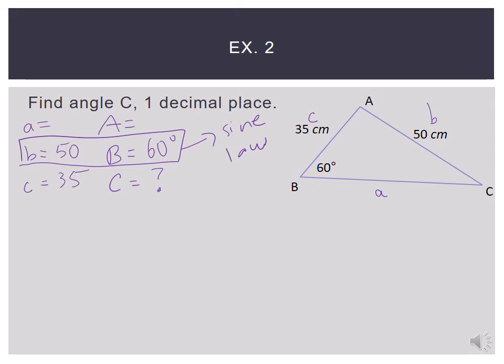Since you are looking for an angle, we are going to use the Sine Law that is for angles. So sine C over little c. And what you put on the other side of the equal sign is the letter that's complete: sine B over small b. Fill in your information.